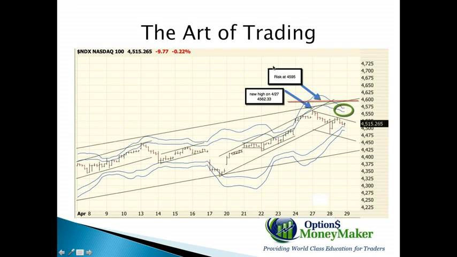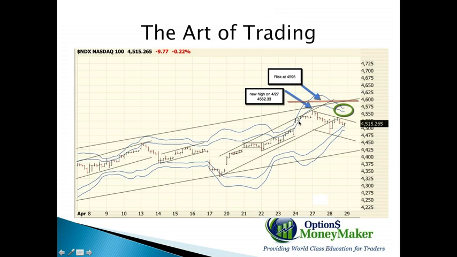Now, simplicity for me is key, and we try to keep things just as simple as possible. The Bollinger Bands are one of our primary tools, especially when we're helping traders just start out with their options trading. What we find with the Bollinger Bands, very simply, is that the price of the indexes just cycles back and forth between the upper and lower Bollinger Bands.